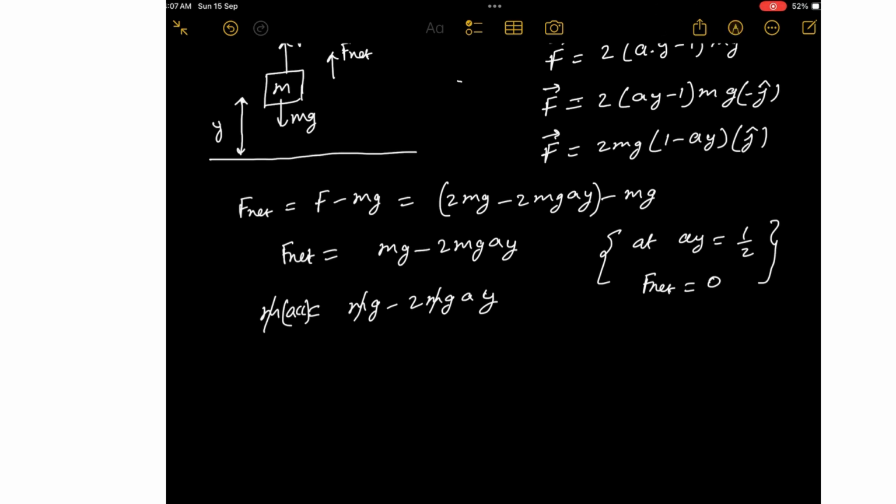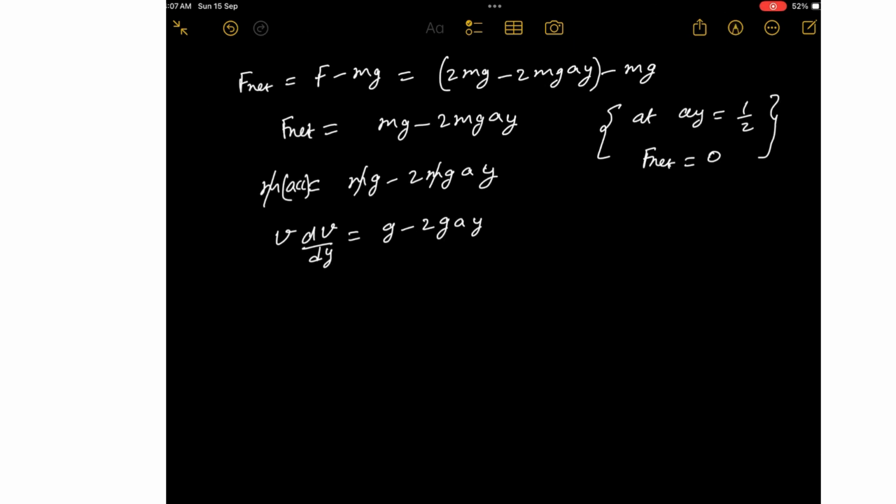So we know that acceleration is v dv by dy, that is equal to g minus 2g ay. Now v dv is equal to (g minus 2g ay) dy. Now we can integrate this equation.